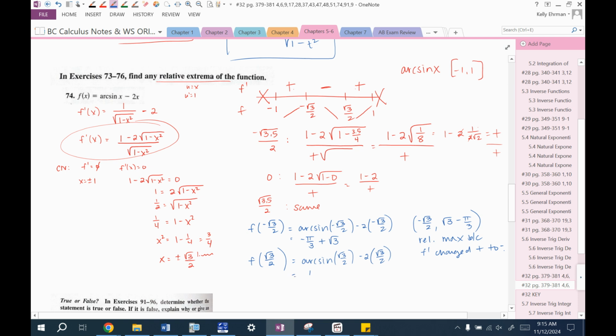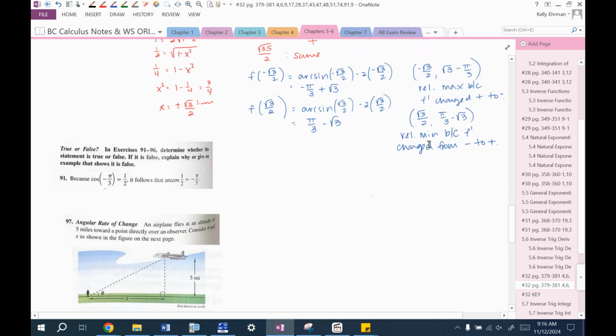So this is positive pi over 3 minus radical 3. So the ordered pair radical 3 over 2, pi over 3 minus radical 3, is a relative min because f prime changed from negative to positive. That was a lot of work.